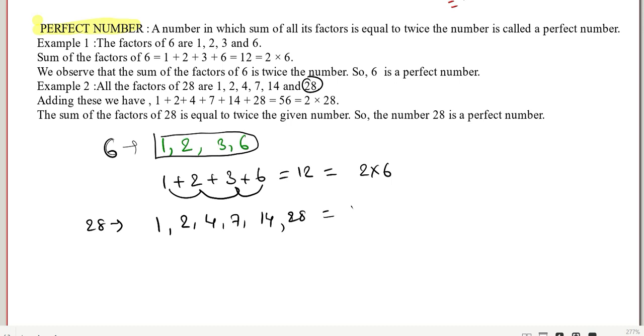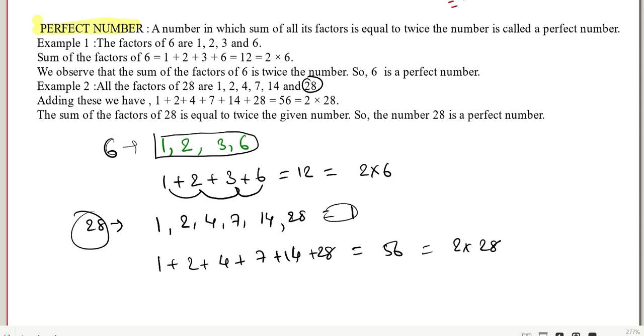Adding all of these, what is the sum of all the factors? 1 plus 2 plus 4 plus 7 plus 14 plus 28, and adding this all you get 56. This 56 is 2 times 28. So the sum of all the factors of 28 is twice the given number 28. So 28 is also a perfect number.